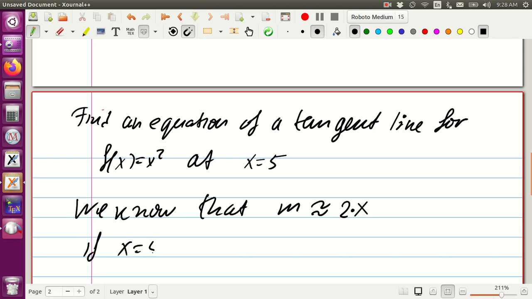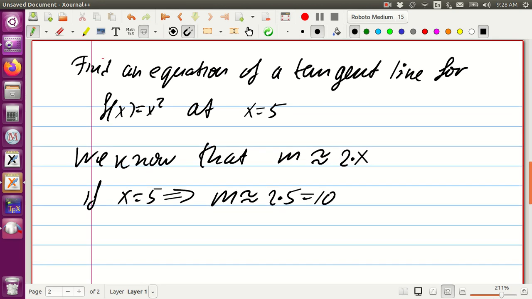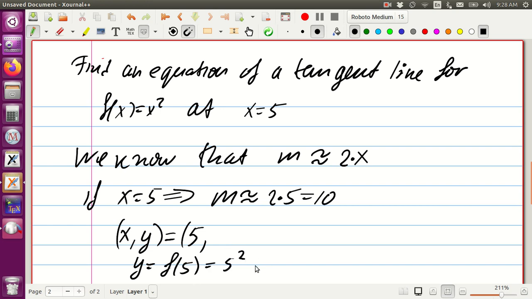If x is equal to 5, this implies that the slope is pretty close to 2 times 5, which is 10. Our point x, y has x equals 5, but we don't know the y value. To calculate the y value, we need to calculate f of 5, which is 5 squared, which is 25. So we plug it in over here. This is our point.